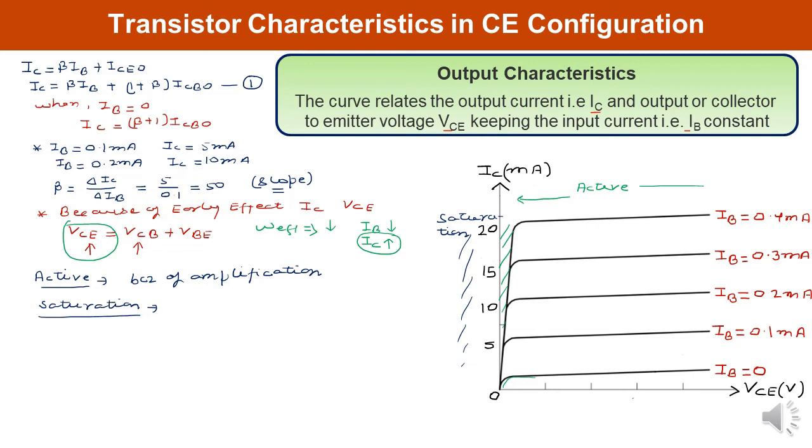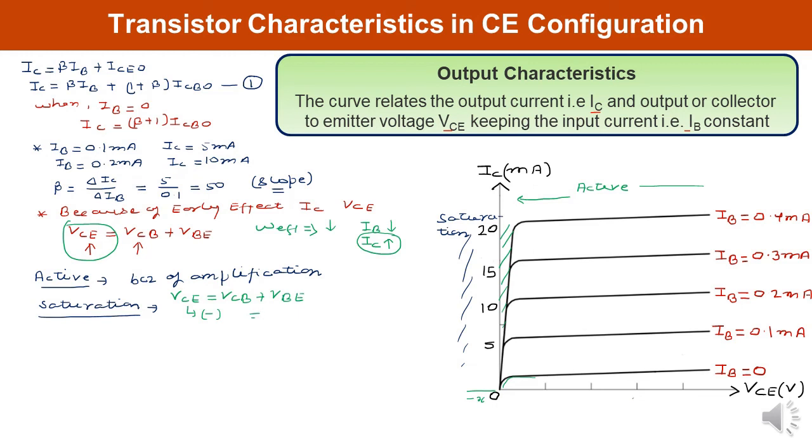See, you know what VCE is? Once again write it. VCE is VCB plus VBE. And when VCE is negative, on the minus x-axis, what is going to happen?